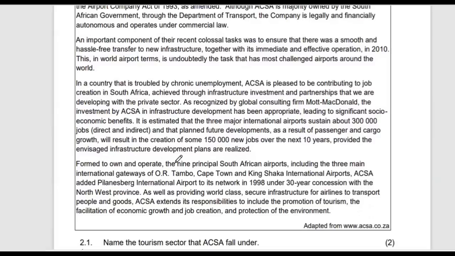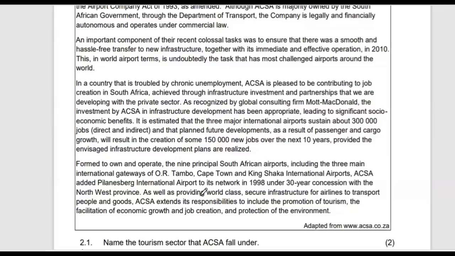Formed to own and operate the 9 principal South African airports, including the 3 main international gateways of OR Tambo, Cape Town, and King Shaka international airports. AXA added Pilanesberg International Airport to its network in 1998 under a 30-year concession with the Northwest Province.